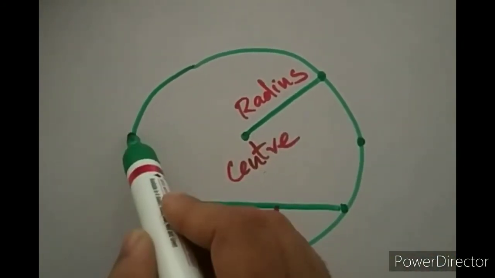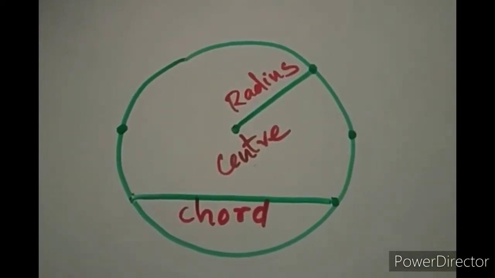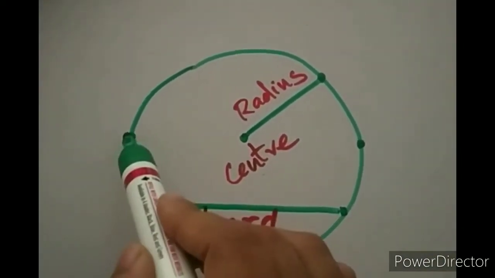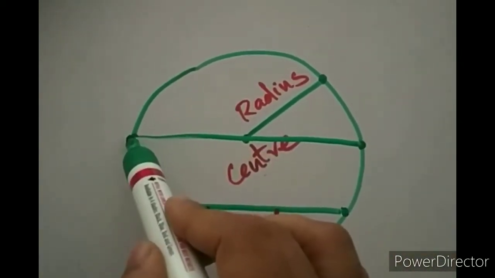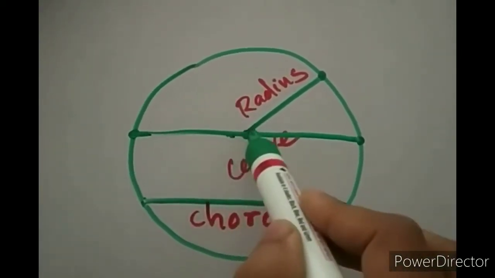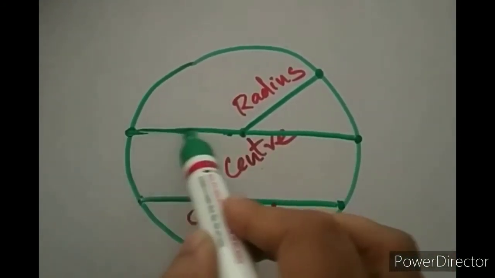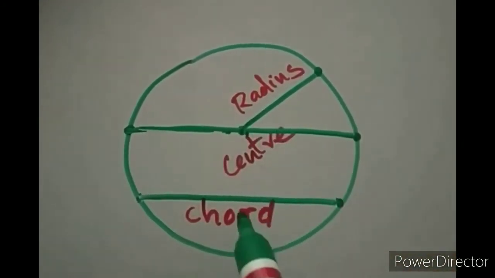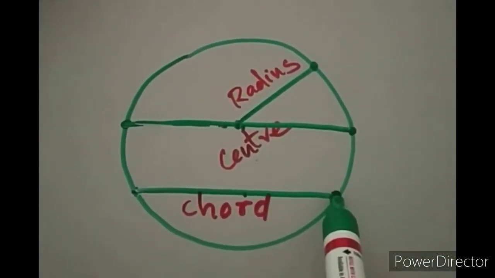Now, we know these 2 points are the points of this circle. And if I am joining these 2 points, you can see that this line segment passes through the center of the circle, and it is also a chord, since a chord is a line segment joining any 2 points of a circle.